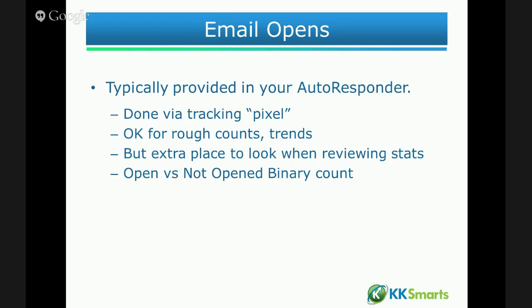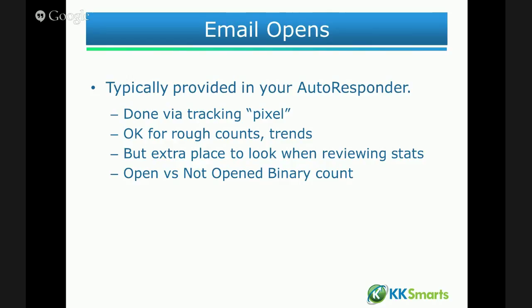The way that it does this, almost without exception, is via a tracking pixel. It puts a tiny image, a 1 pixel by 1 pixel image is typical, into the email, which, because of its size, is invisible. When the email reader opens your email, the retrieval of that tiny image causes the count of the number of emails that have been opened to be incremented.